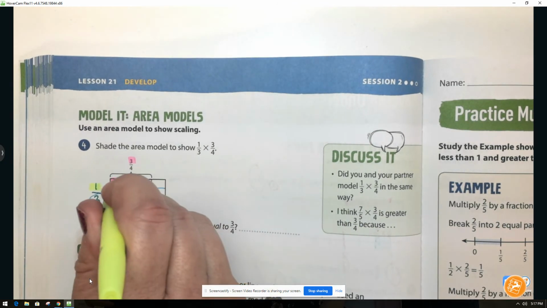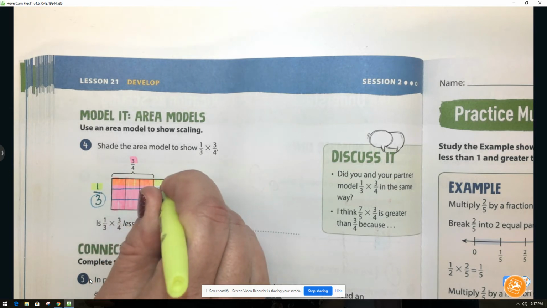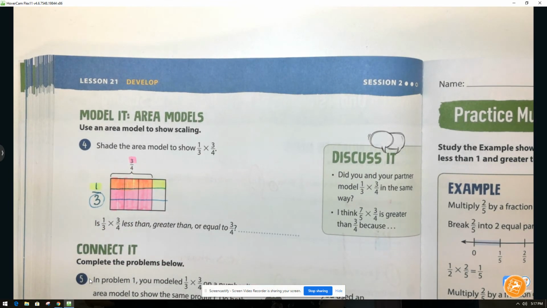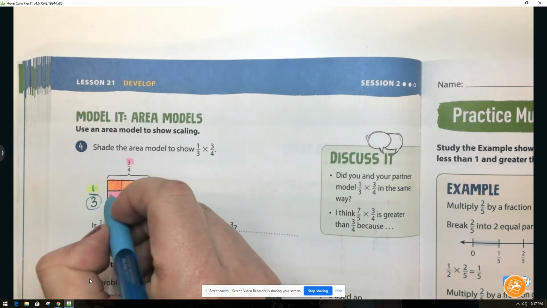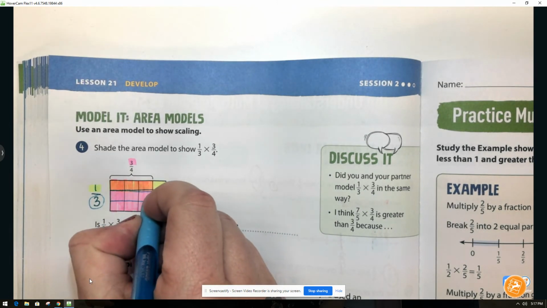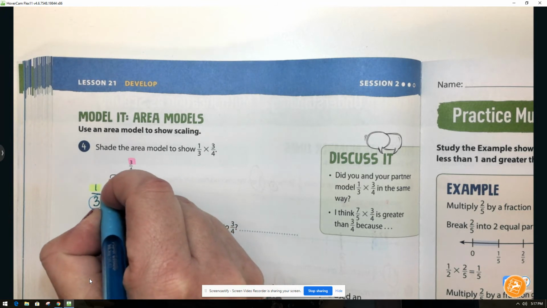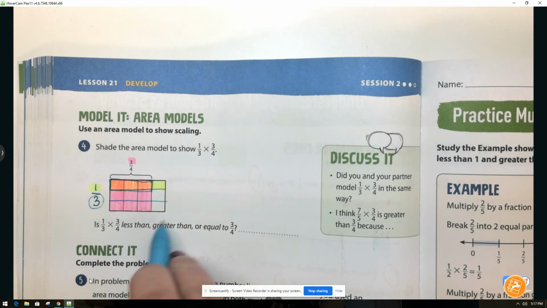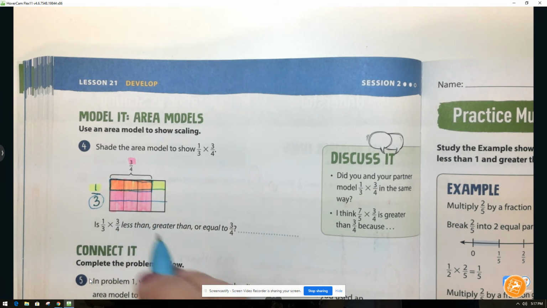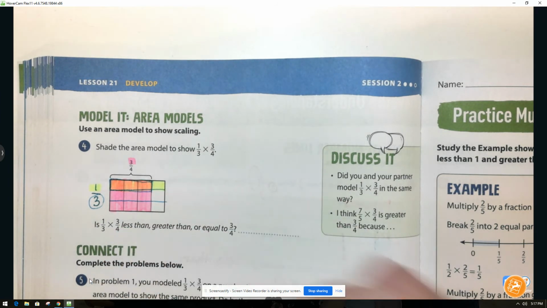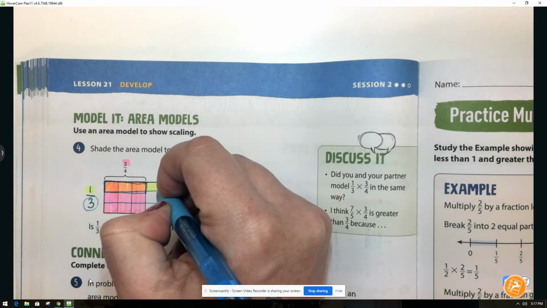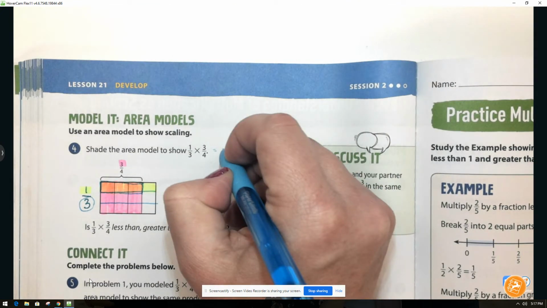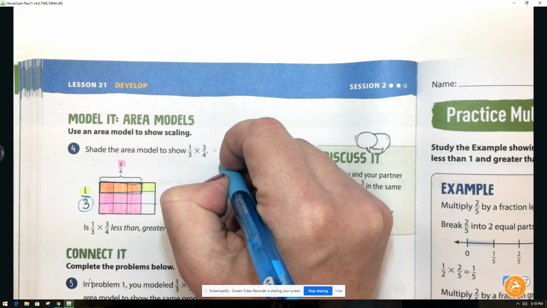We're going to shade in 1 of them. And then the numerator of the resulting product is the overlap between the two factors. And the denominator is how many parts we have all together. So not that it matters, but the answer for 1/3 times 3/4 would equal 3/12.